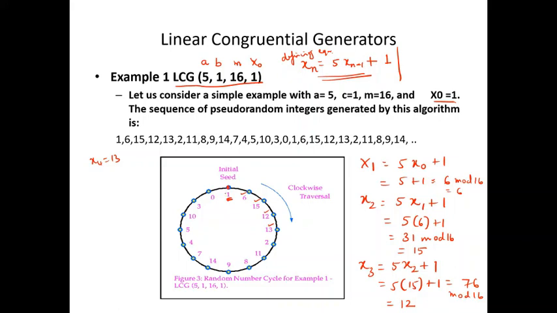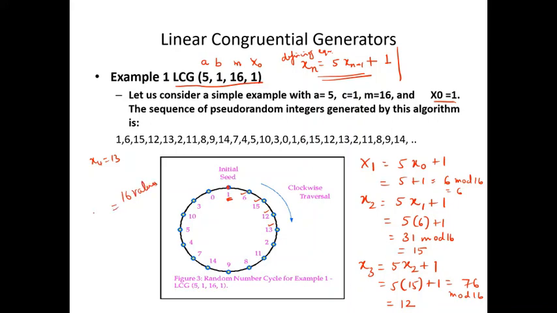So you can see that in every quarter, I have approximately how many? If I consider, I have approximately 4 random numbers in every quarter, right? So totally I have 16 numbers. 16 values generated.